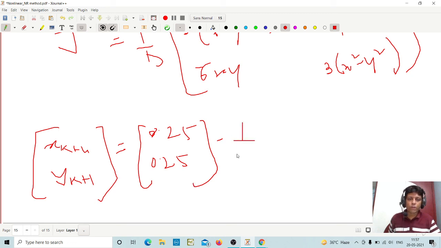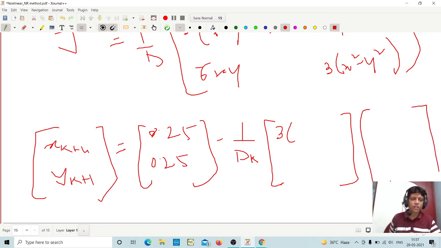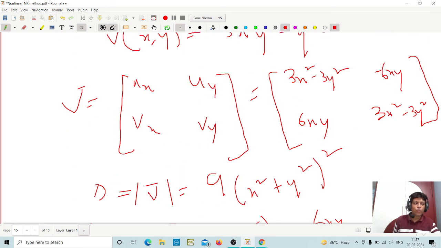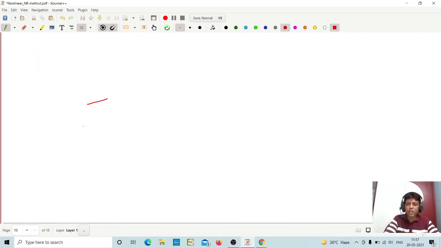You will substitute and calculate the values, and these will be in terms of this matrix. I'm not writing this. Similarly you can calculate the root by initial approximation, that is x1, y1. I'm giving you the answer for checking.